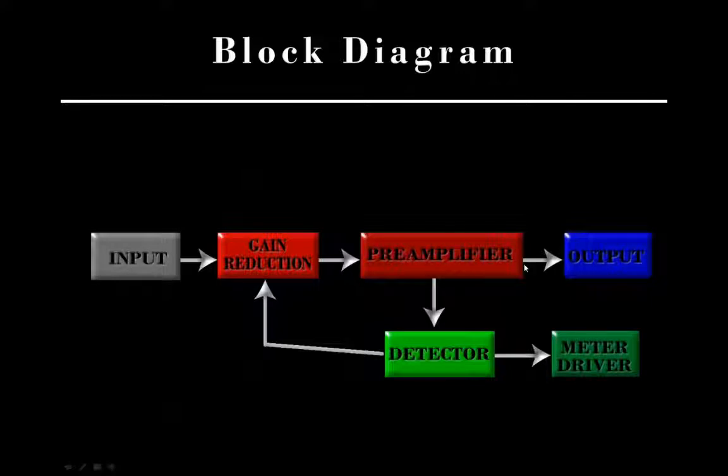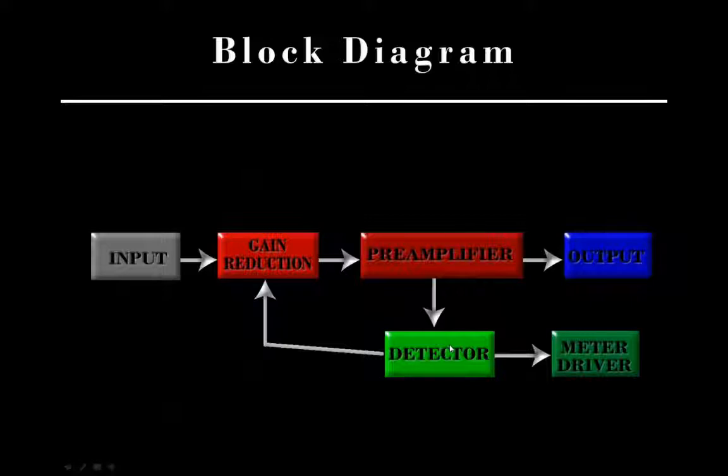That's our signal path, going from left to right along the top. And then there's a detector. That's what detects the audio signal and converts it to something that can control gain reduction. It would also be called the sidechain path. That sends something to the meter driver to let the meter know what to read, so you know how much gain reduction is going on.